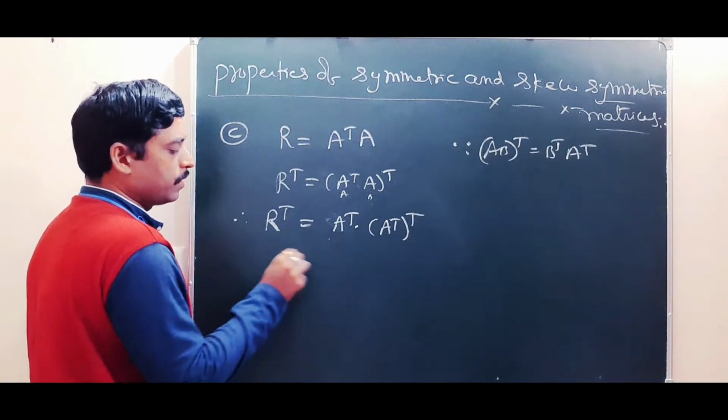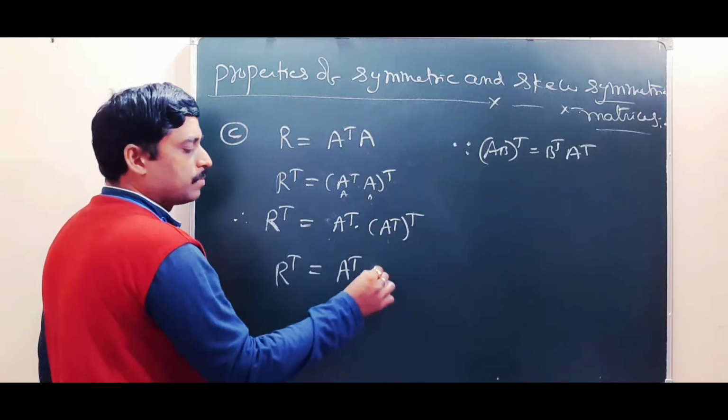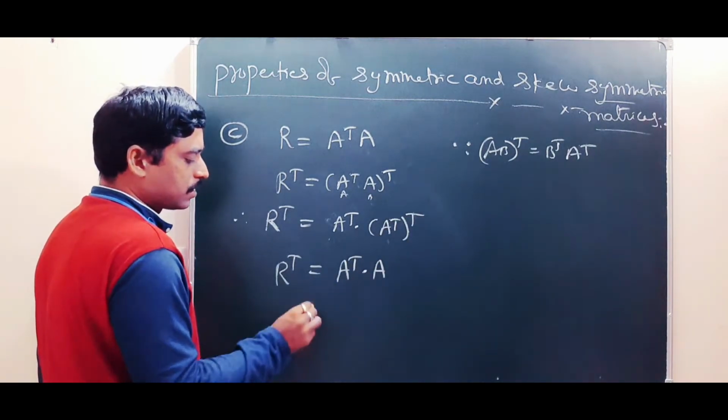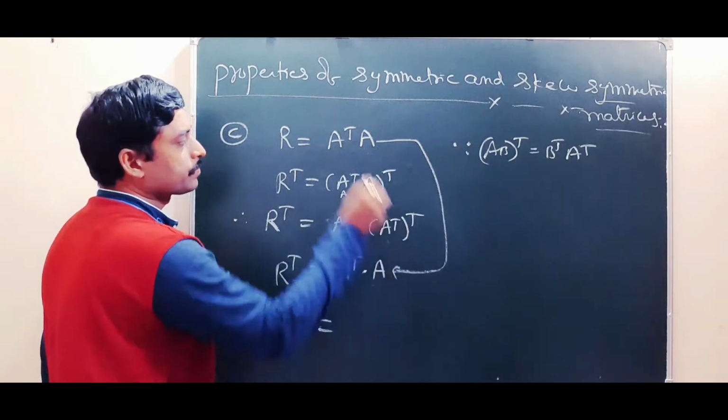It will be A transpose into (A transpose) whole transpose, which is nothing but A. So R transpose equal to A transpose into A, which is nothing but R.